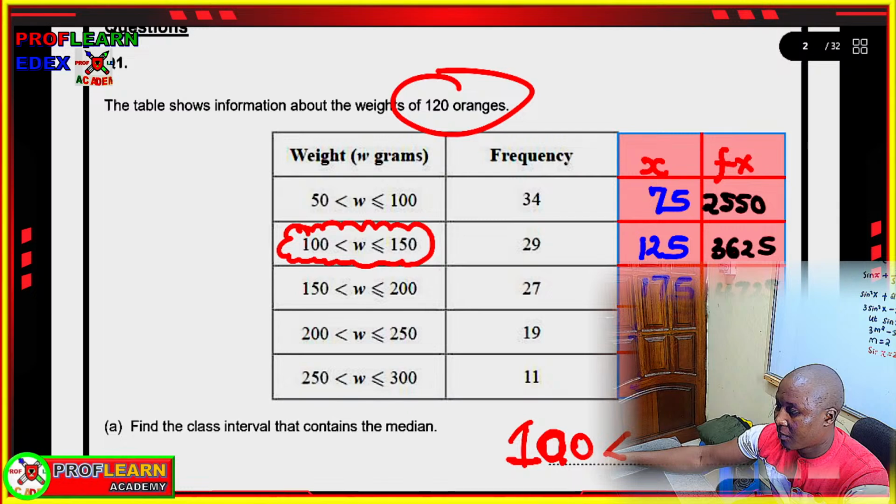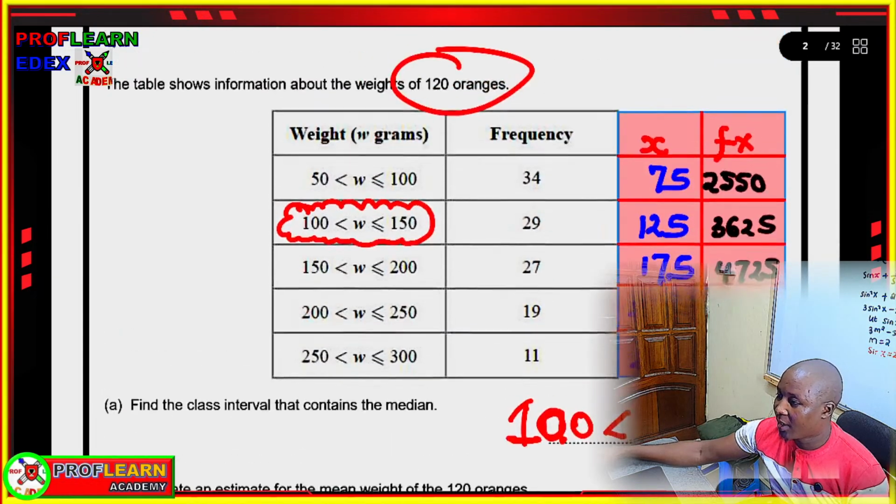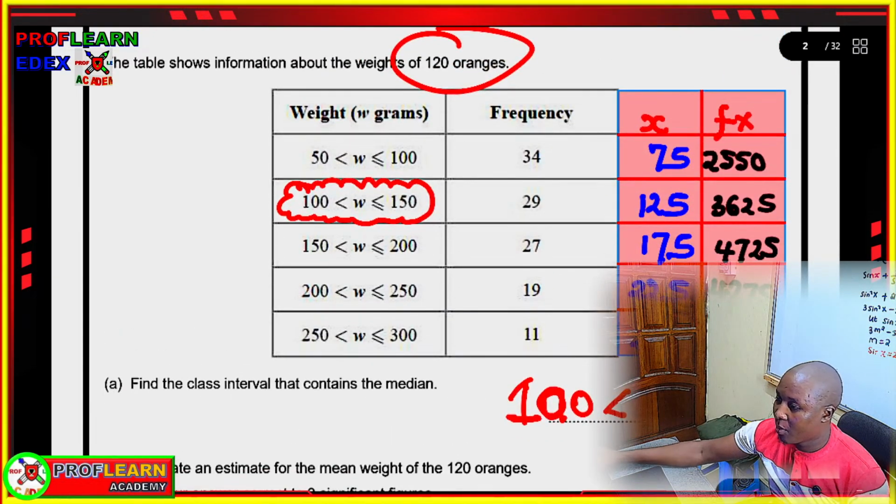And 11 times 275, that's going to translate to 18,200. You can just check that using your calculator so that we can move together.